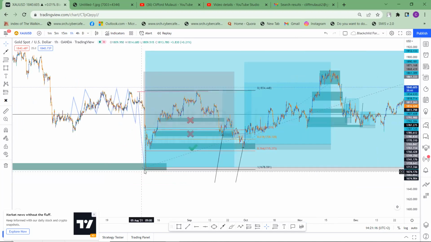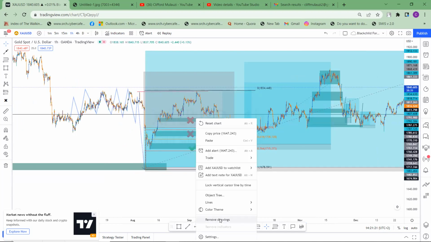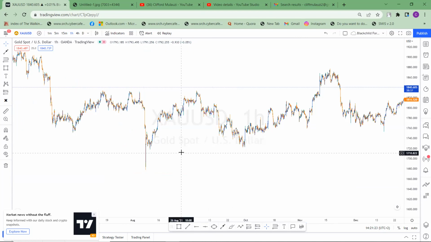So whenever you're identifying an order block, let me just remove all drawings. Whenever you want to identify an order block, if you are looking to buy, make sure that your order block is always below the 61%. You don't have to write that down, just remember it.